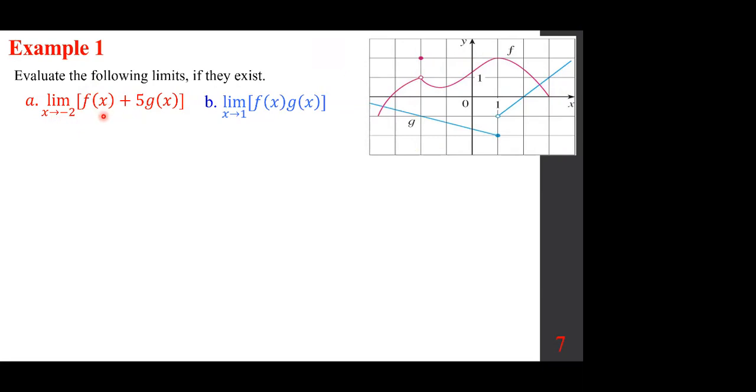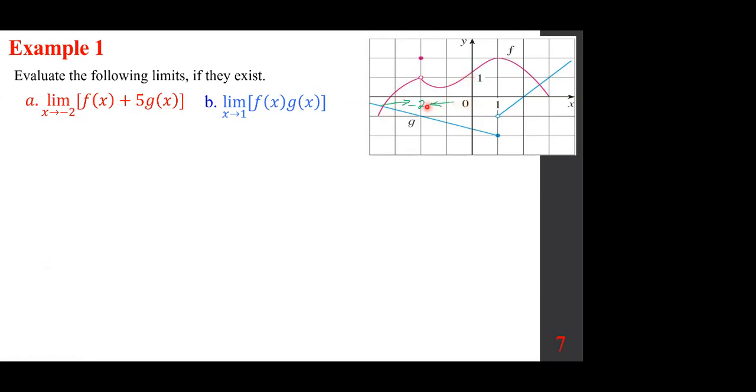Let's find the limit of f of x as x approaches -2. Can anybody tell us what the answer is? This is number -2, from the left side and the right side of that. That's what we are going to approach. From the left side, we are moving towards this hole, which has y coordinate 1.